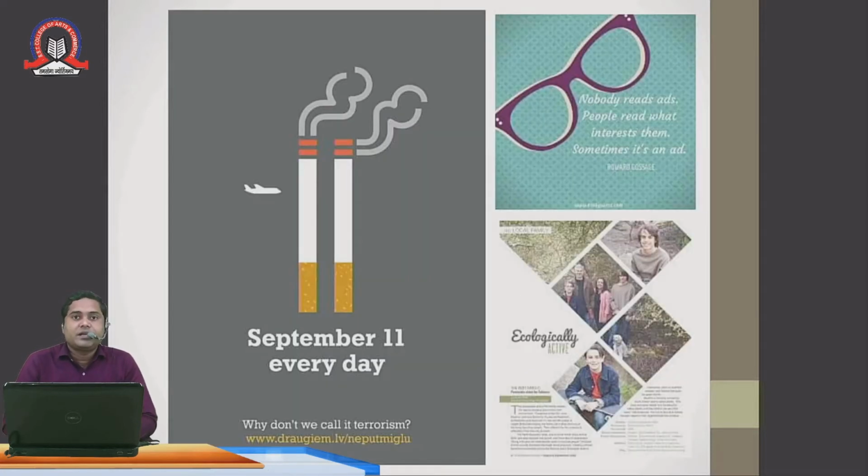See, on the screen here you can see the advertisements and a few words are written there. Now let's try to understand the meaning of what is written. In advertising we use visuals as well as certain words to explain the content and to deliver our message. See here in the very first picture you can see two cigarettes burning, one aeroplane is flying, and below that image words are written: September 11 every day.